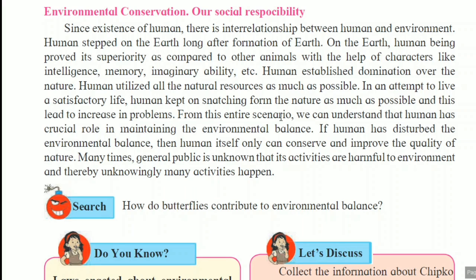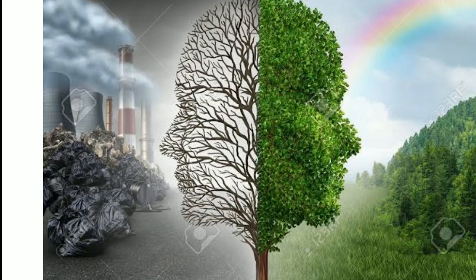From this entire scenario, we can understand that human has a crucial role in maintaining the environmental balance. If human has disturbed the environmental balance, then the human itself only can conserve and improve the quality of nature.